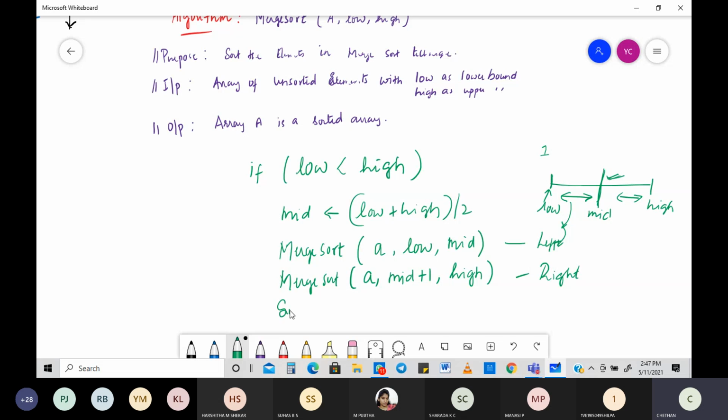So again, I'm going to bring what is known as a simple merge function. Okay, simple merge function to do what? To make sure that I am merging right from A, from low to mid to high.